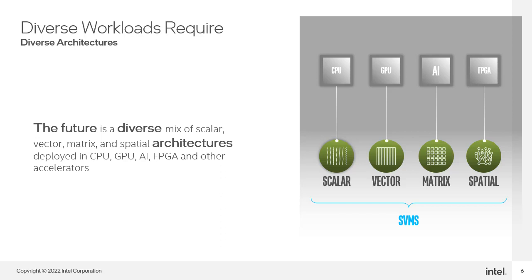Hence, the workload diversity is driving the hardware diversity. Therefore, it is safe to conclude that the future is a diverse mix of scalar, vector, matrix, and spatial architectures deployed in CPUs, GPUs, AI, FPGAs, and other novel accelerators.